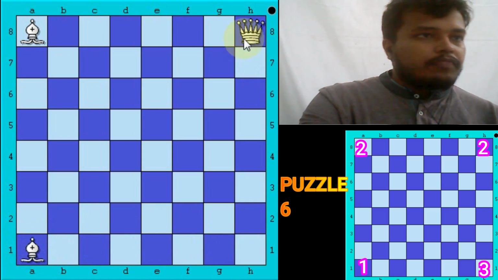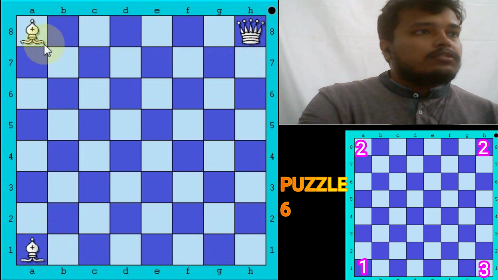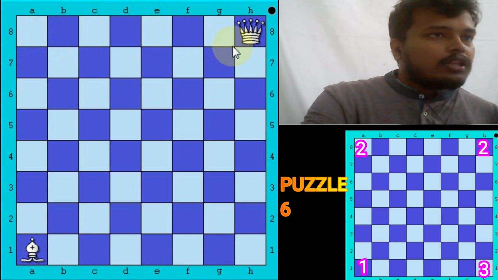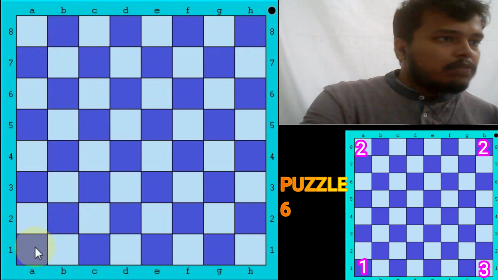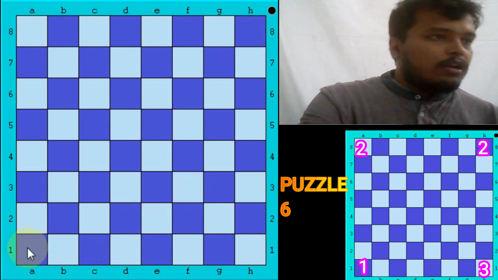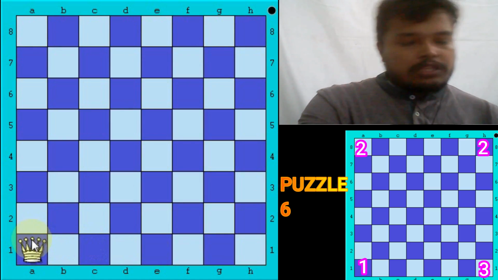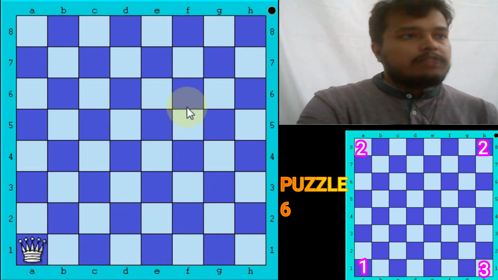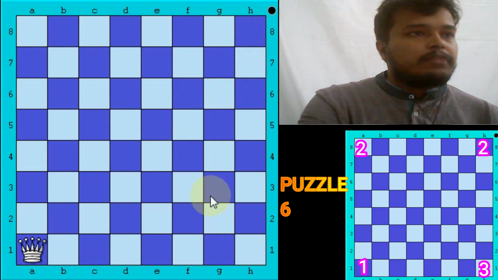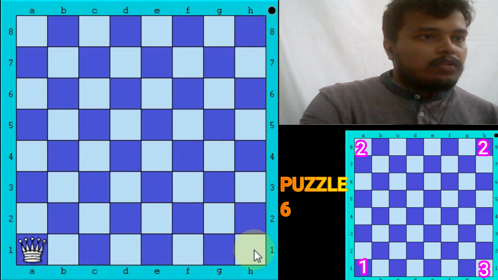So the other piece which can be placed on the a1 is the queen. The queen itself can be placed on the a1, because it has to be attacked only once. Minimum attacking chances will be for the queen only.